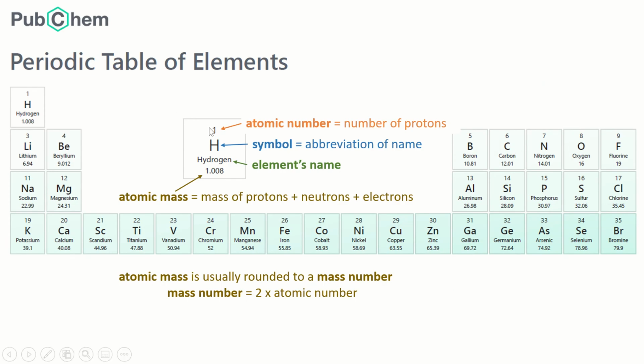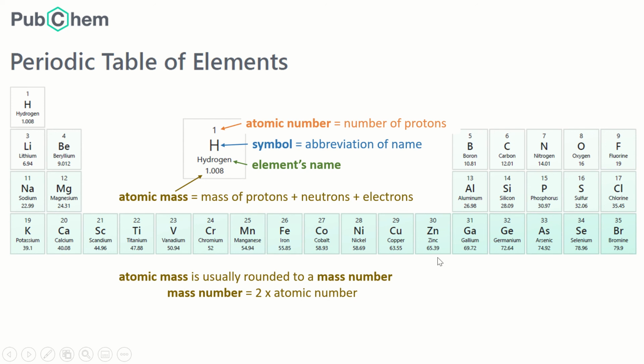All right, so we've got the atomic number, the symbol, the full name of the element, and then the atomic mass, which is the mass of the protons, the neutrons, and the electrons. For us, we are not going to worry about the atomic mass. In chemistry, you use that. We are not going to use that.